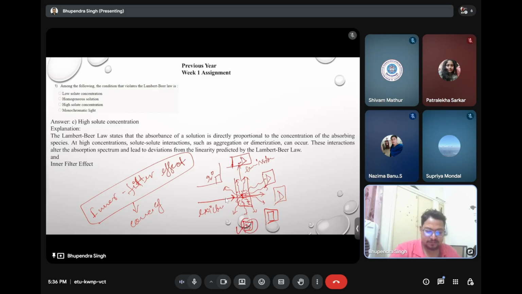So why not here? Because emission is everywhere, directionless. So even if you are collecting at 90 degrees or 45 degrees, 75 degrees, or just here at 0 degrees, no problem. Even if you have not studied, just think about it. Why?